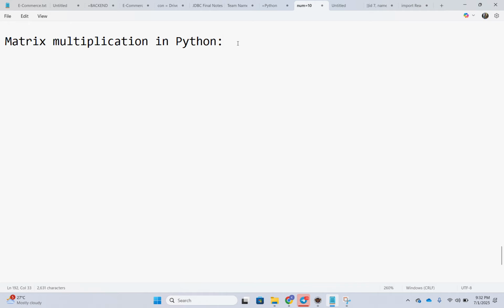First, I'm going to discuss general matrix multiplication. If you are generally aware of matrix multiplication in mathematics, it will be much easier, but if you are not aware, it will feel more difficult.